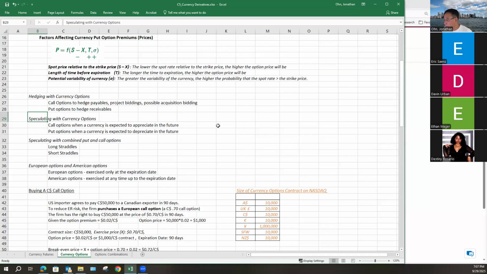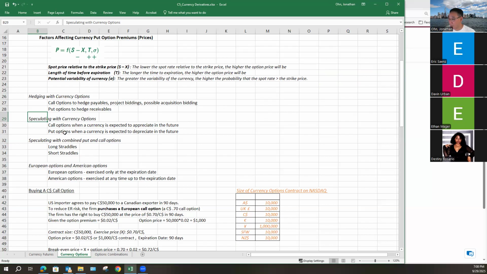When you expect a foreign currency will appreciate in the future and you get a call option, that means you have the right to buy a currency at the predetermined rate. Then you can possibly get the profit from those two prices.